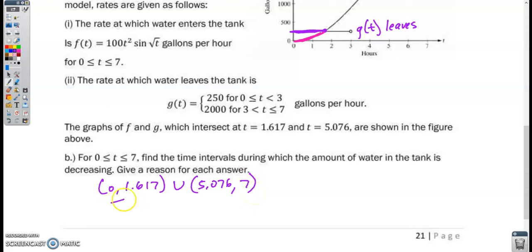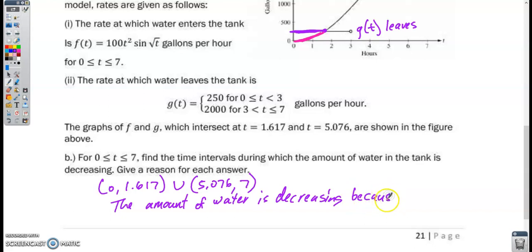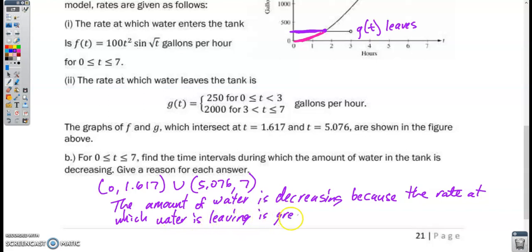For these, the amount of water is decreasing, because the rate at which water is leaving is greater than the rate at which water is entering.